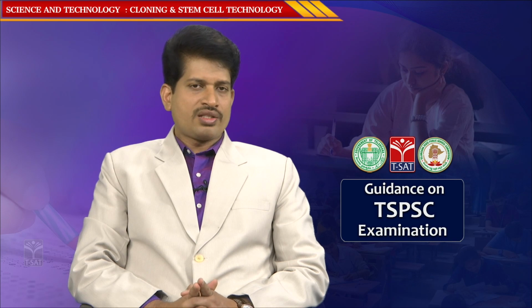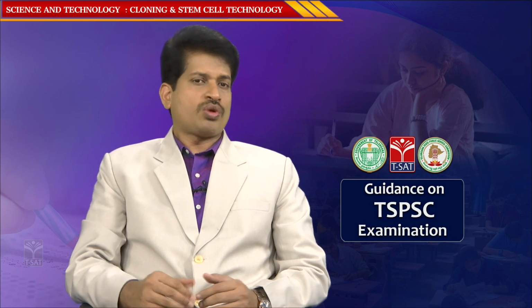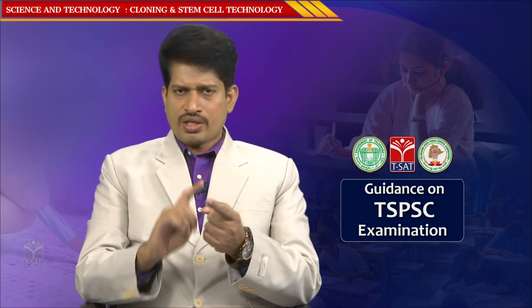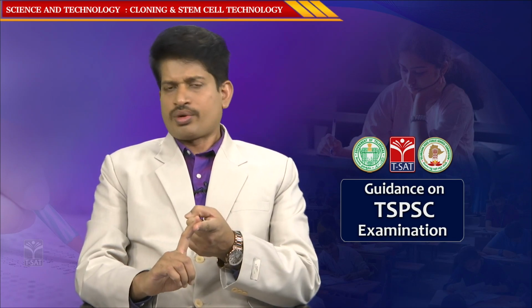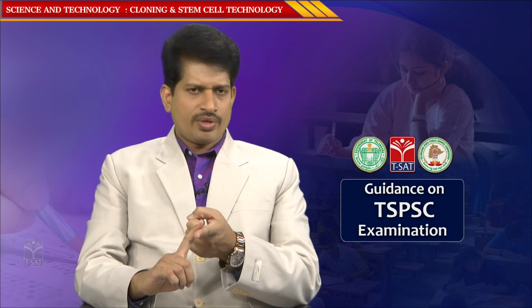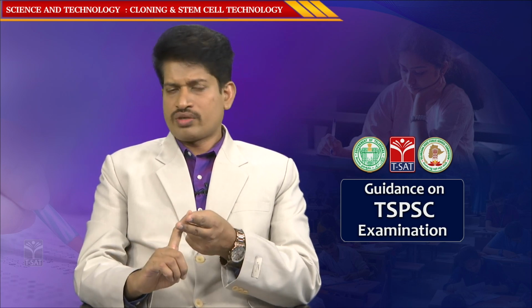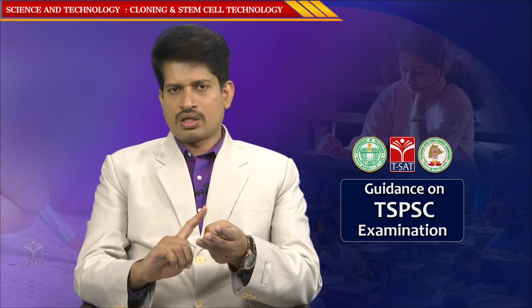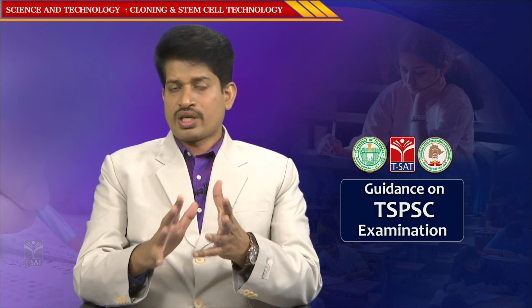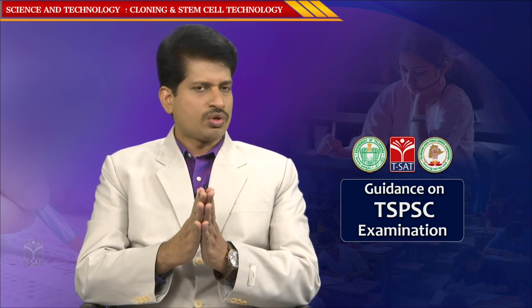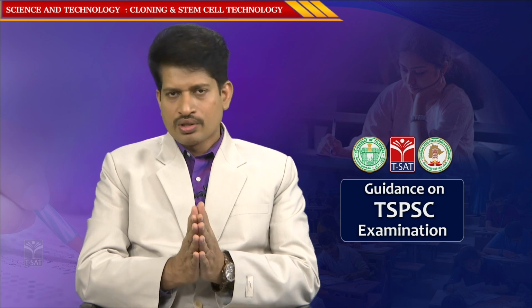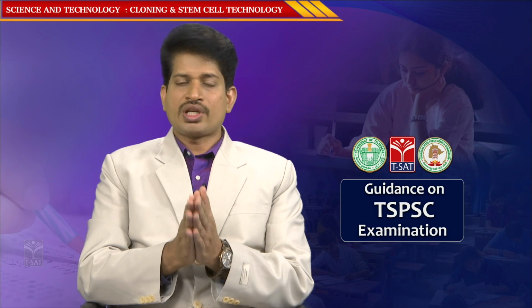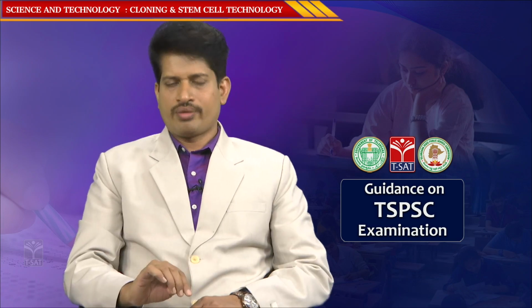In the case of dizygotic twins, the possibilities are: in one case, both of them can be males; the second possibility is both can be females; the third possibility is one can be male and the other female. But in the case of monozygotic twins, both of them will be male or female because they have been derived from a single egg, or zygote.